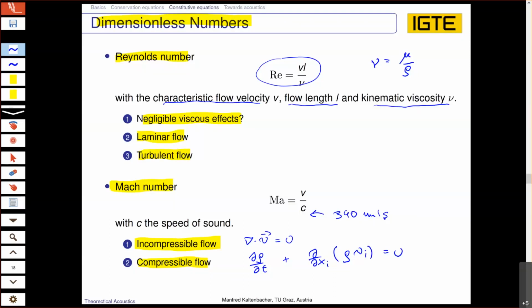Do you know where somehow the limit is? What we very often use to say, okay, if the Mach number has this value, let's model it as incompressible, and if it is above this value, we have to model it as compressible. Do you have an idea? Do you remember from your fluid dynamics course?